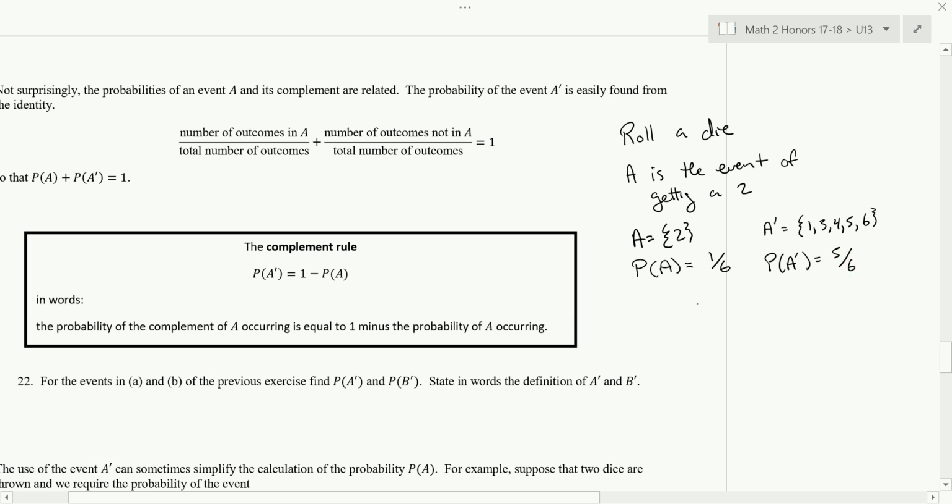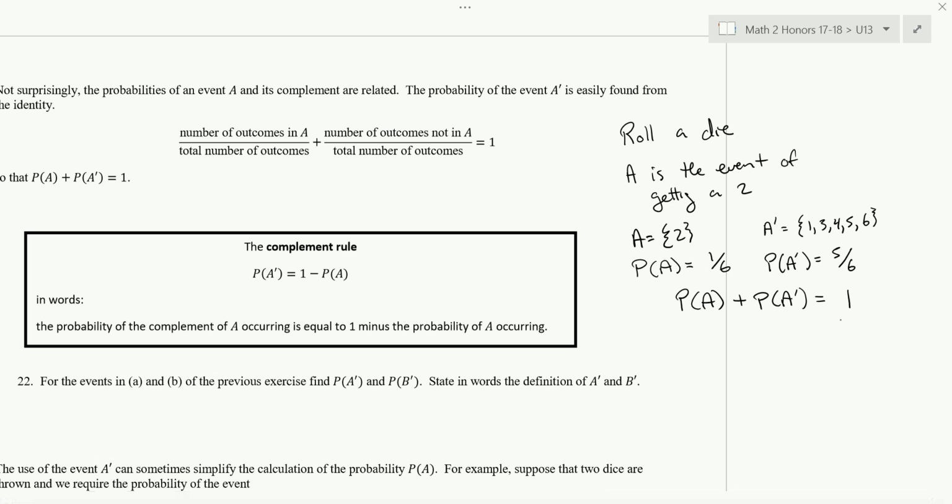And so if we take the probability of A and add that with the probability of the complement of A, what will we get? 1. And in fact, no matter what event you choose, if you take the probability of that event plus the probability of the complement of that event, you will always get 1, which should make sense because this is saying, hey, what's the probability this happens plus the probability this doesn't happen? 1. One of those is going to happen, right?